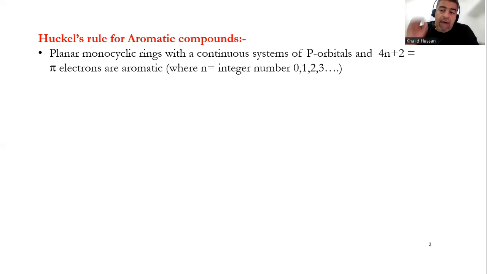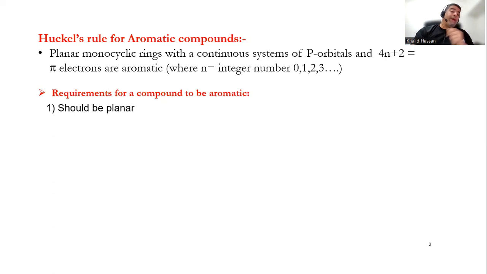They have four important criteria or points that should be present. Of course, we will discuss Hückel in detail, and we will say what n is. It's an integer: 0, 1, 2, 3. What is that?